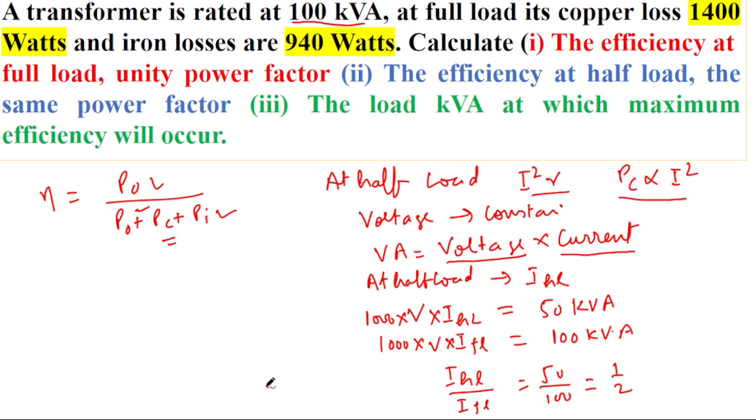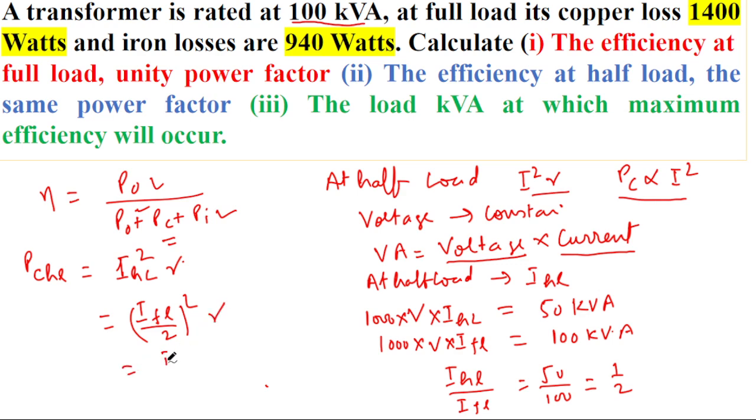So PC at half load will be equal to IHL square multiplied by R, and IHL can be given as IFL divided by 2, whole square, multiplied by R, right?